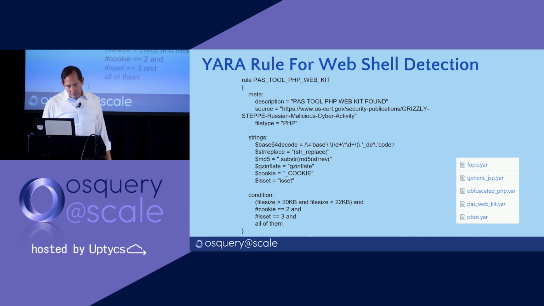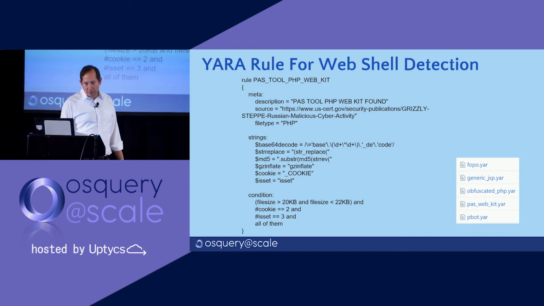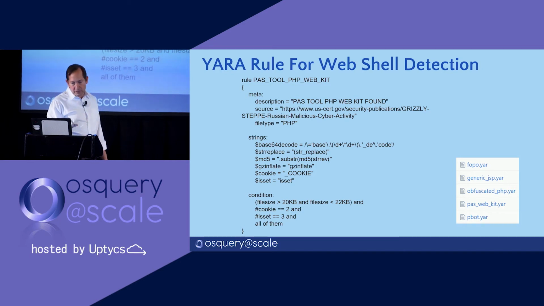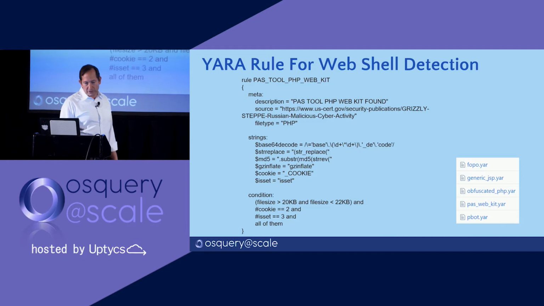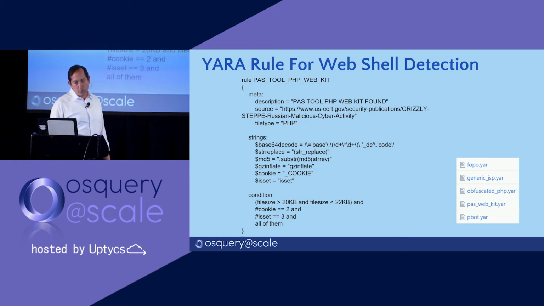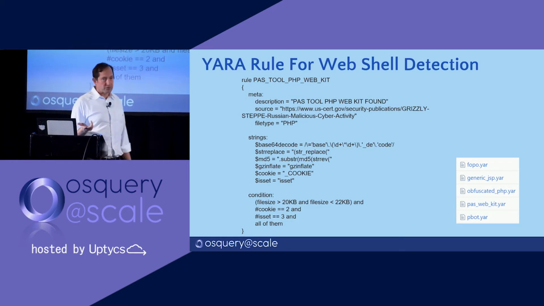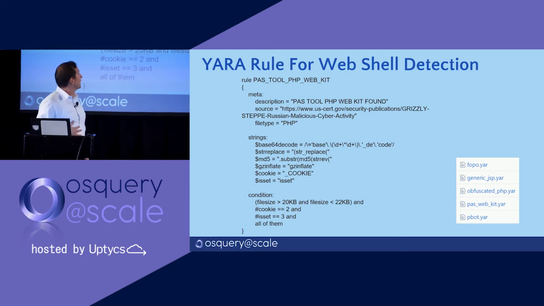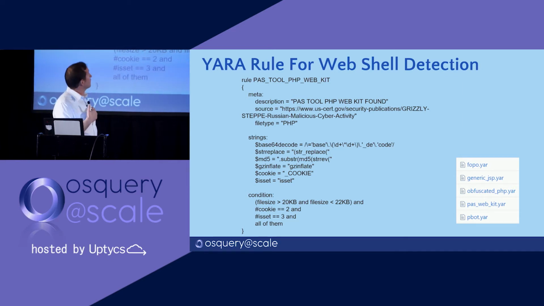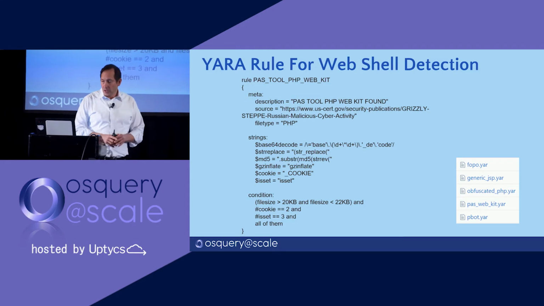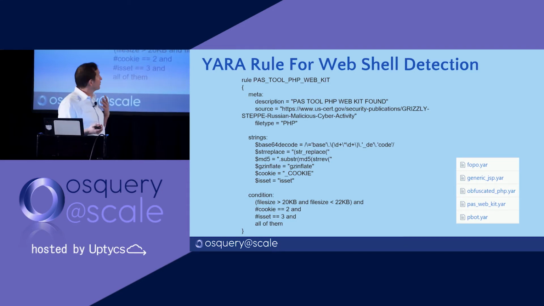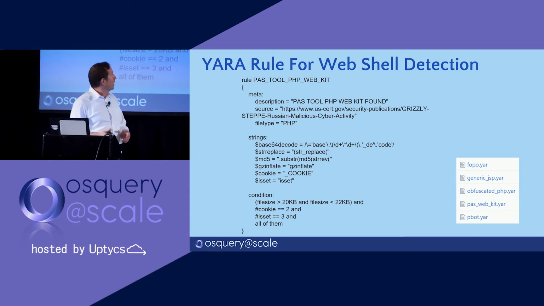It's looking for some other things, string replace, MD5, looking for isset and cookie, and then the actual condition in this particular case is that isset is found 3 times and cookie is found twice, and the file size is between 20 and 22 kilobytes. So you can really get really granular in these rules, and there's a lot of fabulous rules out there for detecting different remote access Trojans, web shells, and so on.